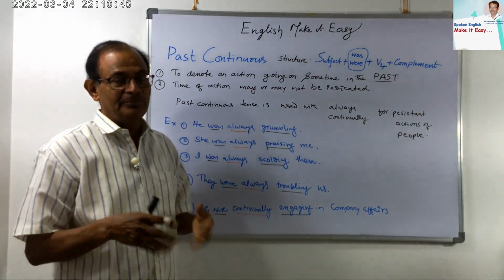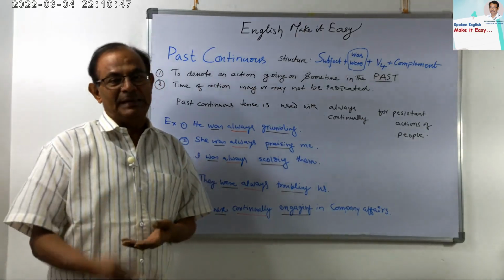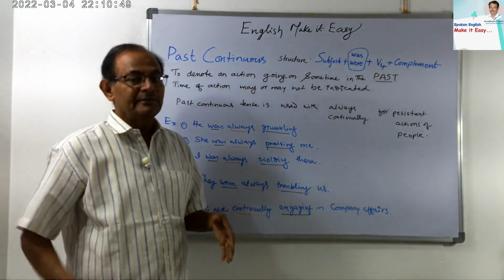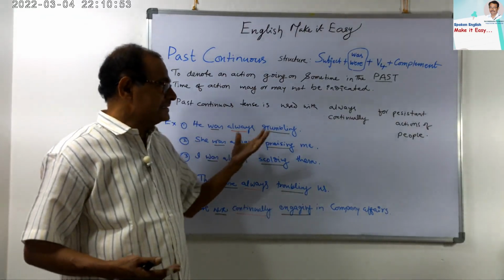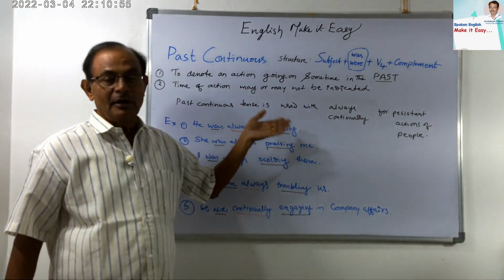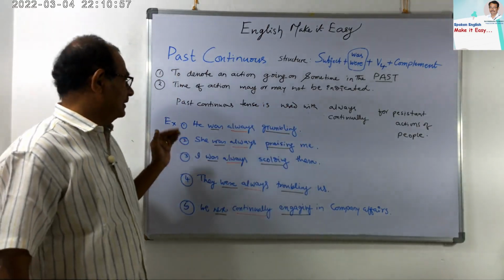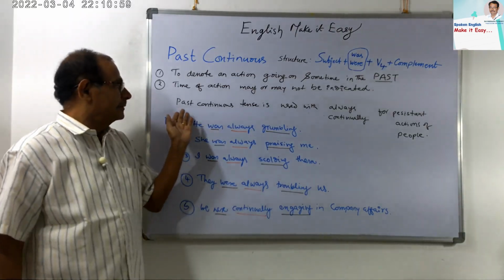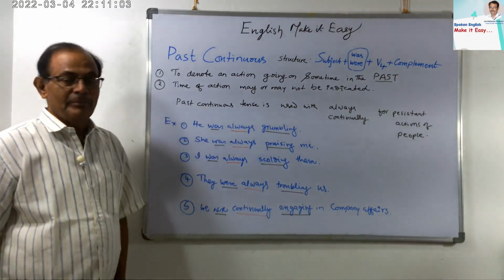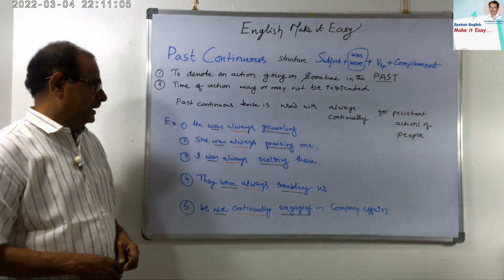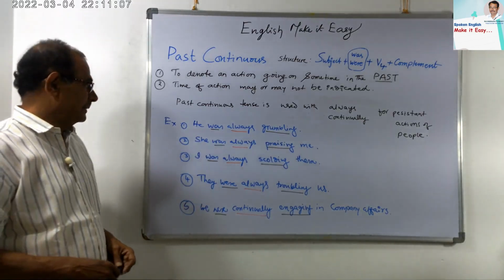Persistent means they repeat many times, not one time, several times. So persistent actions of people with always and continually are explained with the help of the past continuous tense. So let us examine some sentences.